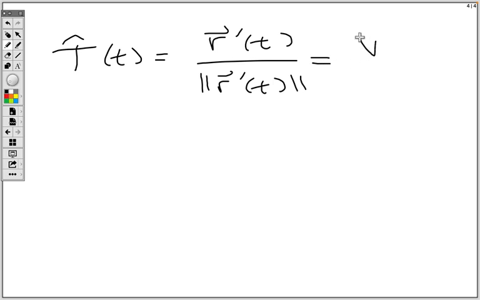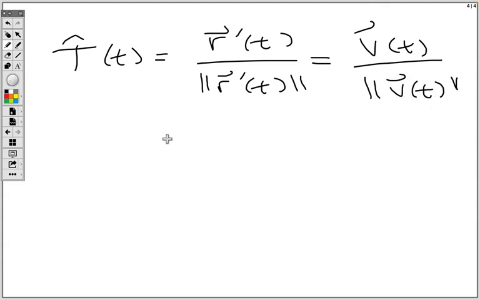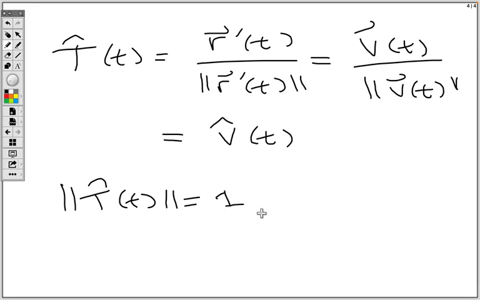We can think of that as the velocity divided by its speed, or the direction of the velocity. Since it's a hat, by definition this is a unit vector, and so we can apply that property. Since it has a constant length of 1, it is orthogonal to its derivative.